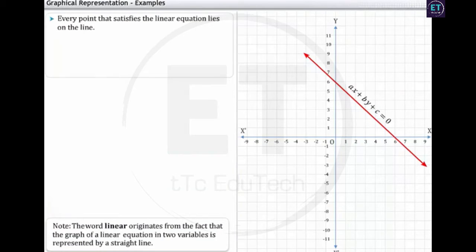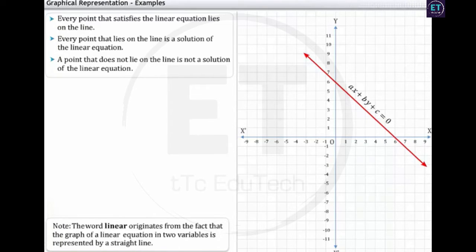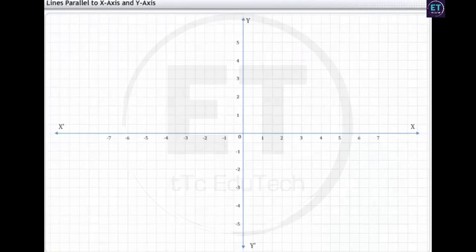Every point that satisfies the linear equation lies on the line. Every point that lies on the line is the solution of the linear equation, and a point that does not lie on the line is not a solution of the linear equation.